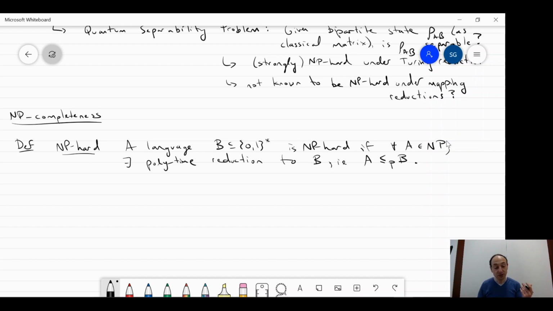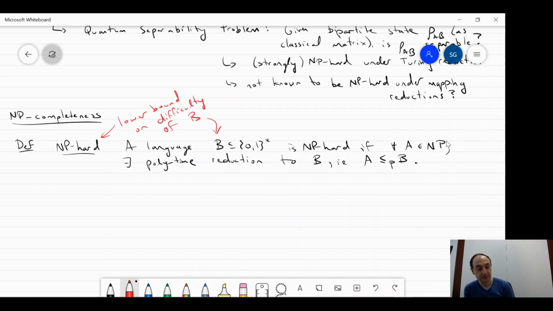You should think about NP-hard problems as problems which have a lower bound. They're at least as hard as NP. So this is a lower bound on the difficulty of B. Let me draw the set.